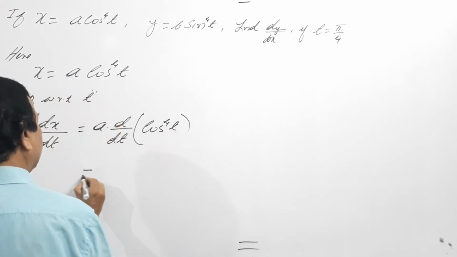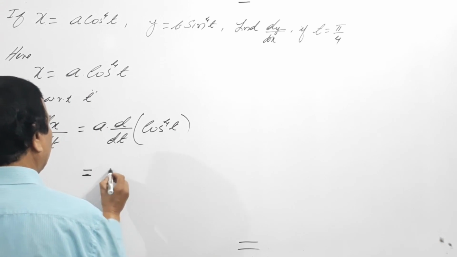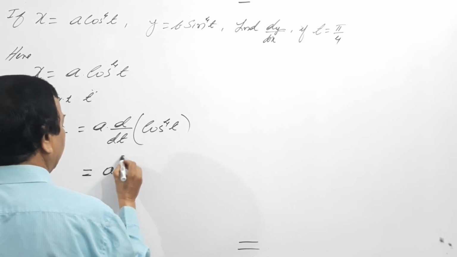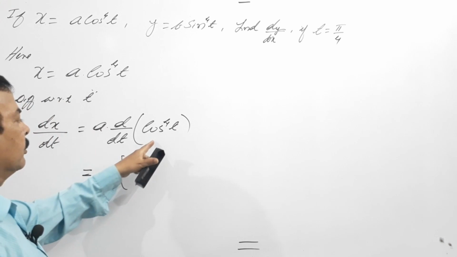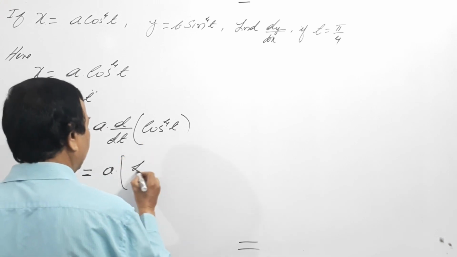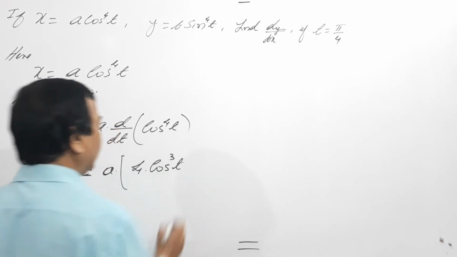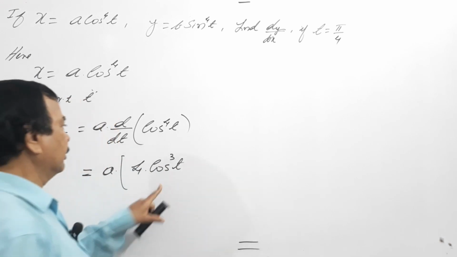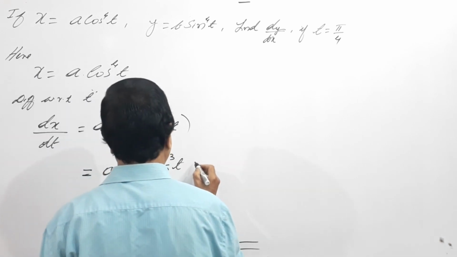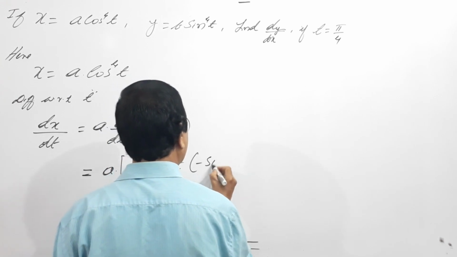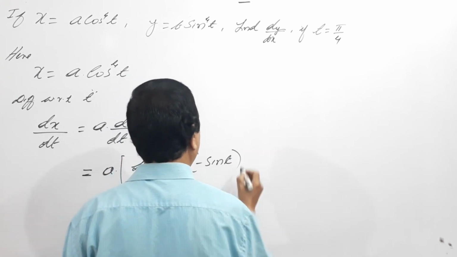That equals a into 4 into cos cube t, d by dt of cos. So d by dt of cos is minus sin t.